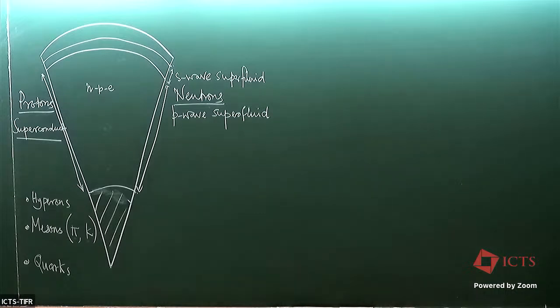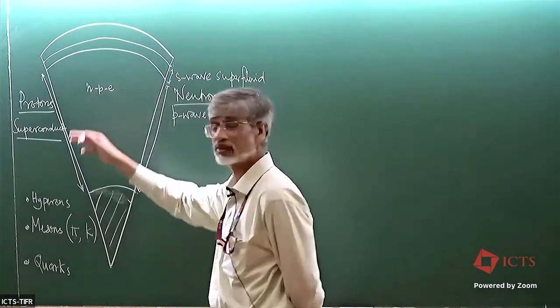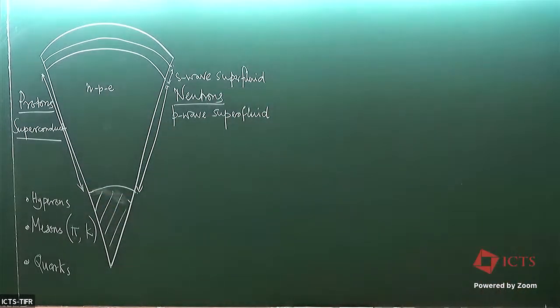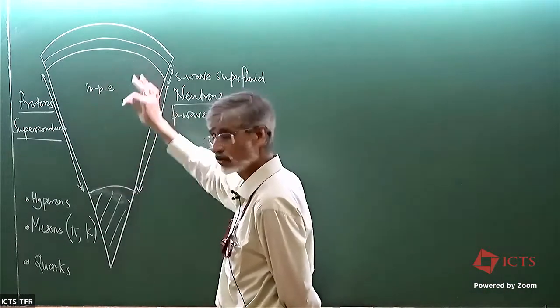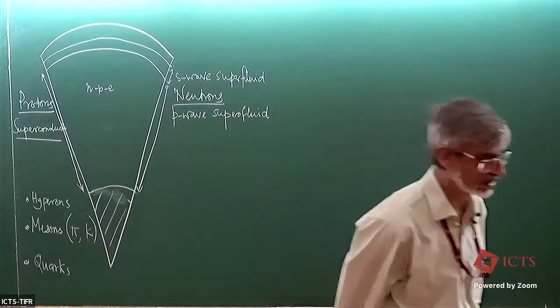You need to have an attractive interaction between electrons which will overcome their Coulomb repulsion, and there is actually no mechanism that is going to provide any attractive interaction of a magnitude which can lead to pairing at temperatures as high as 100 million Kelvin. Right? So electrons are not paired. Electrons are normal. So this is like a normal electron Fermi degenerate gas which is present over there.